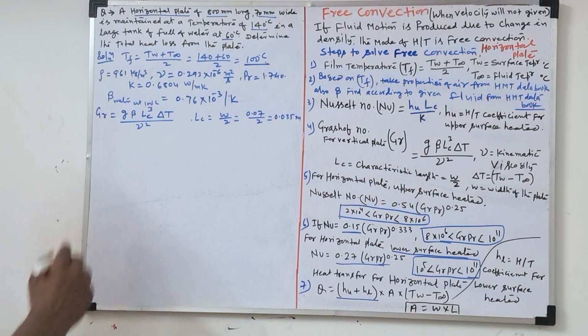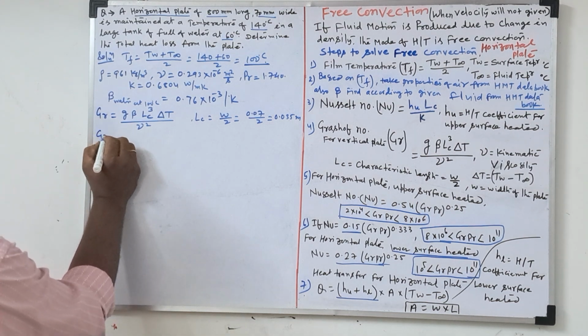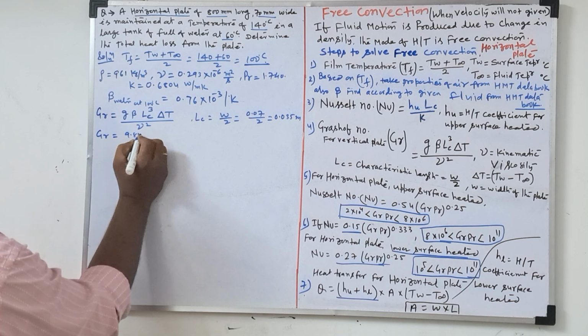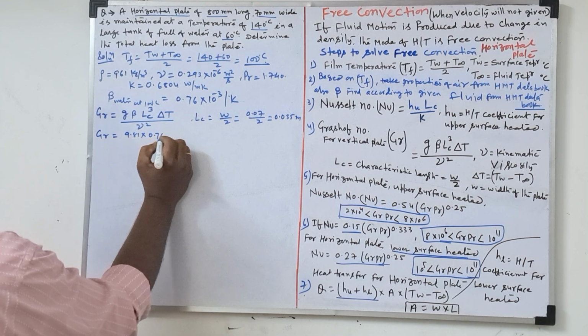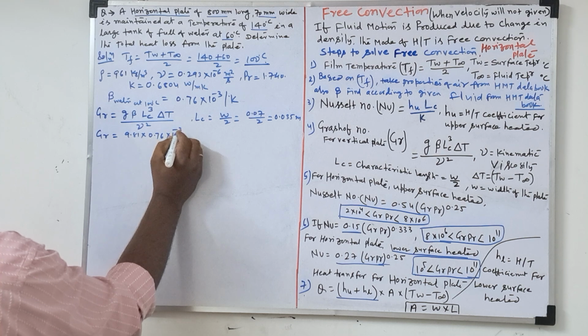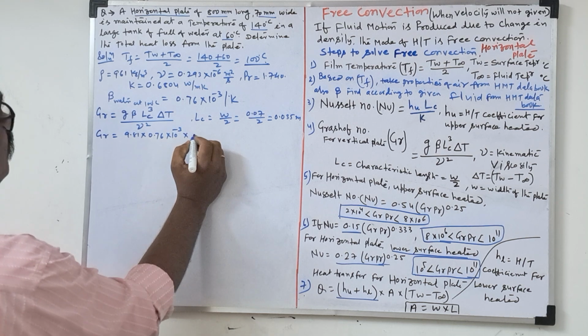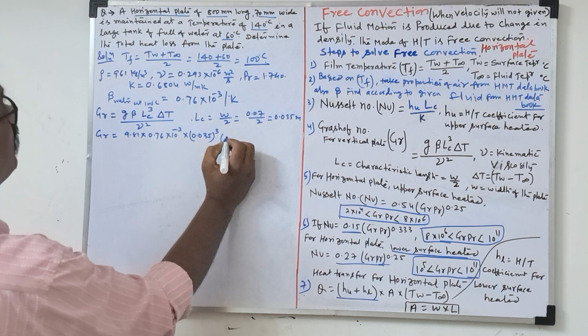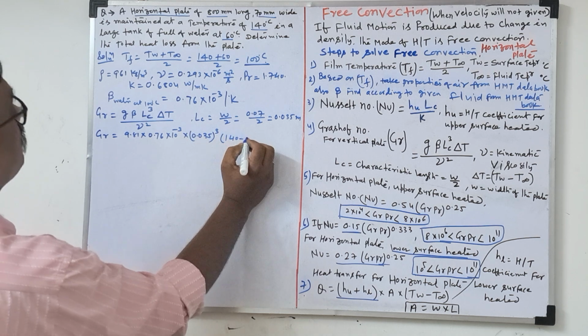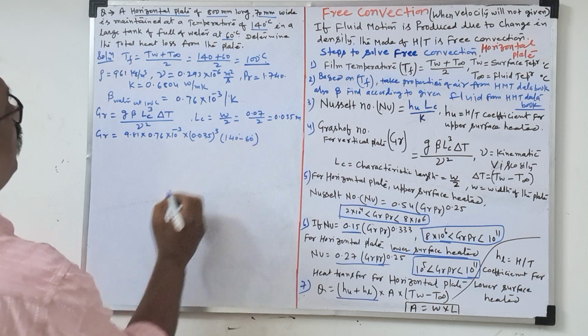So LC we know now. Then we substitute all the values to get the Grashof number: 9.81 into beta 0.076 into 10 power minus 3, then LC, 0.035 cubed, then 140 minus 60 degrees Celsius.